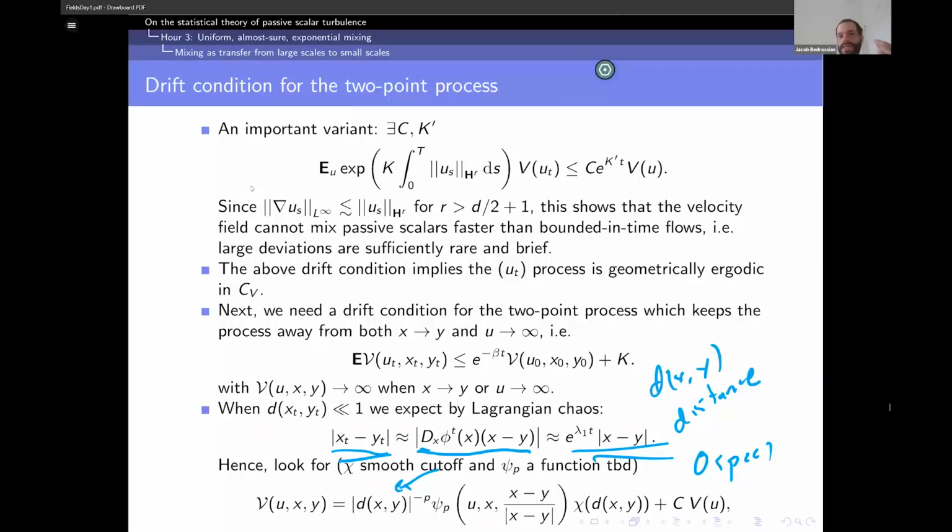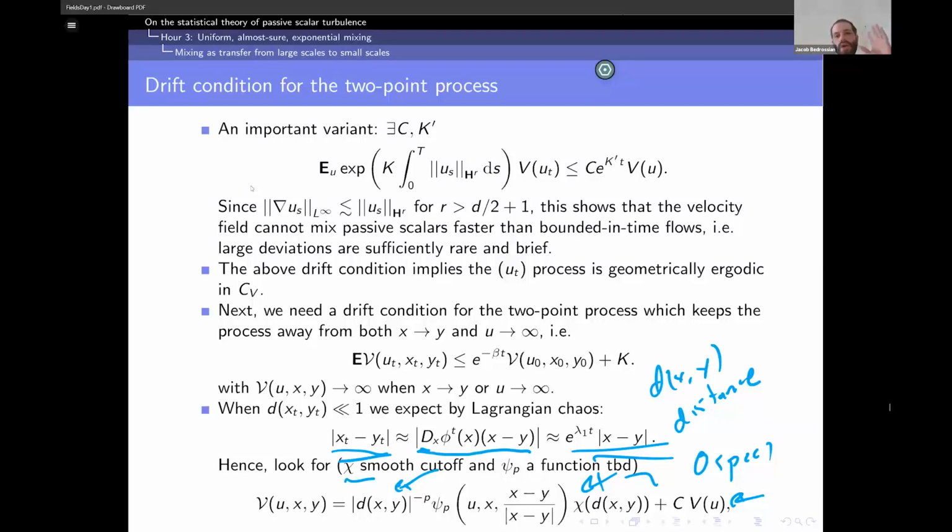And then psi p is where the hard stuff comes in. This is just a smooth cutoff to say this part of the Lyapunov function only turns on when the distance is less than 1 over 10 or something. If the particles are separated by more than 1 over 10, it's basically just this V, which controls the fluctuations of the velocity field.